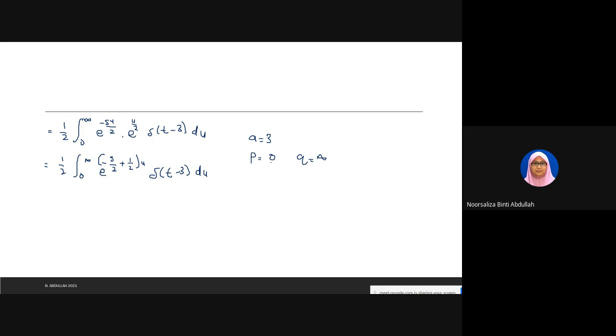Is a between 0 and infinity? It is. Then we can use f(a).